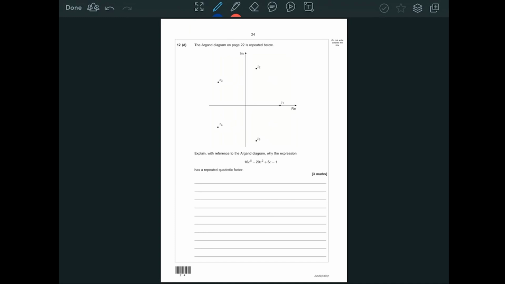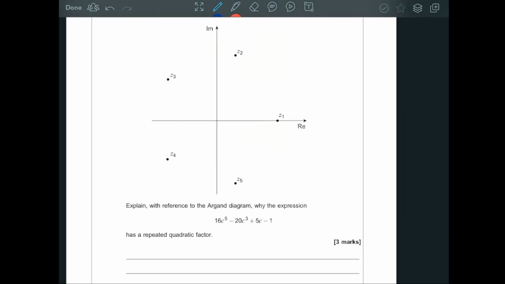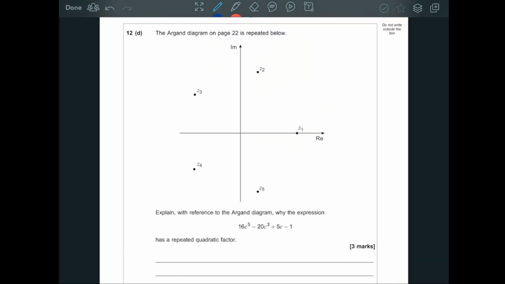The diagram is repeated. Explain why that expression has a repeated quadratic factor. Okay, well, this is giving me the real parts. So the solutions are the real parts of Z1 to Z5.